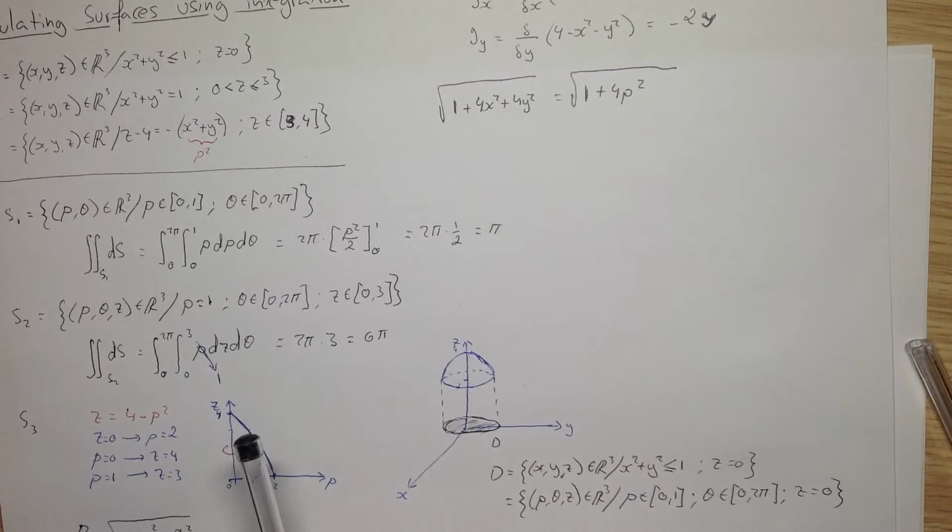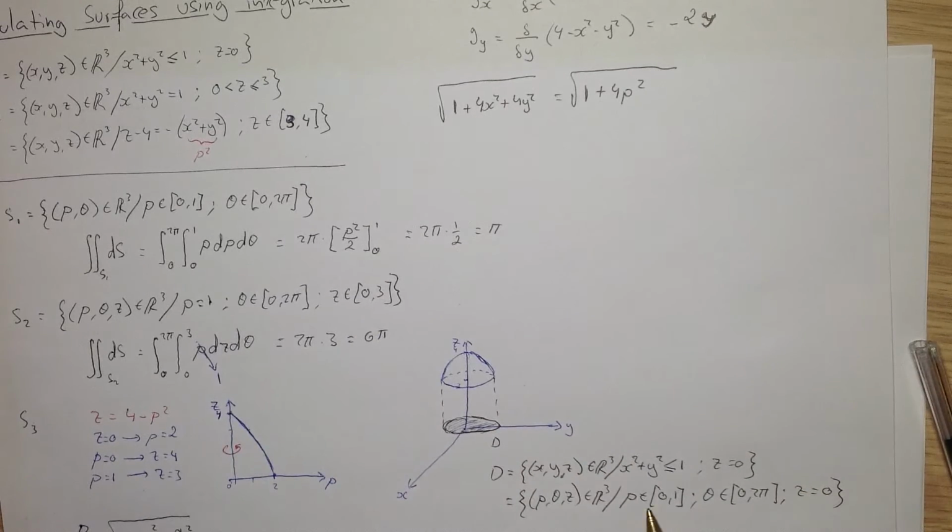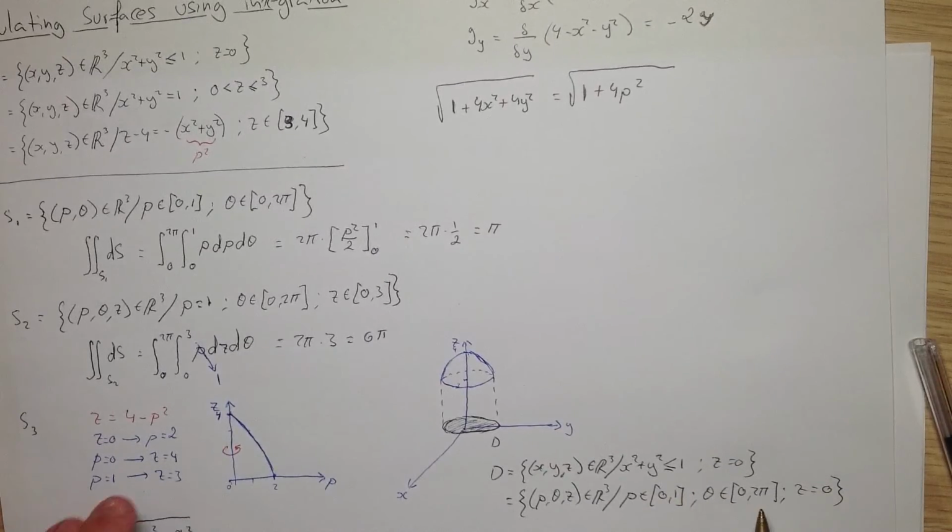Let's see. Yeah. Theta will go from 0 to 2 pi as it's a revolving surface. Oh yeah, of course, it's this one. We need to integrate this domain, so rho from 0 to 1 and theta from 0 to 2 pi.